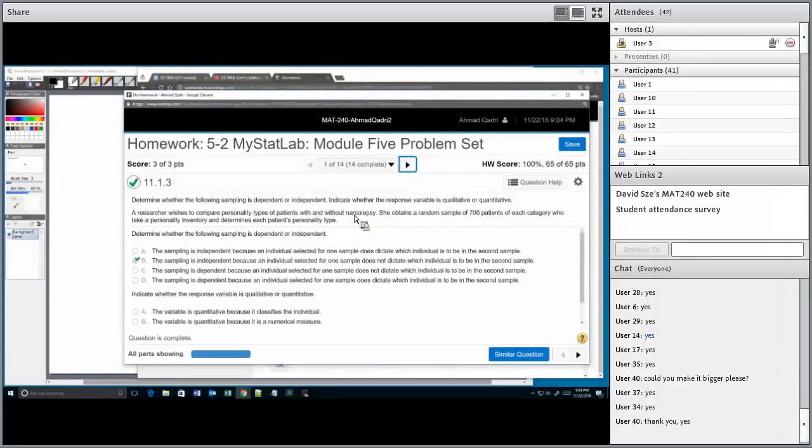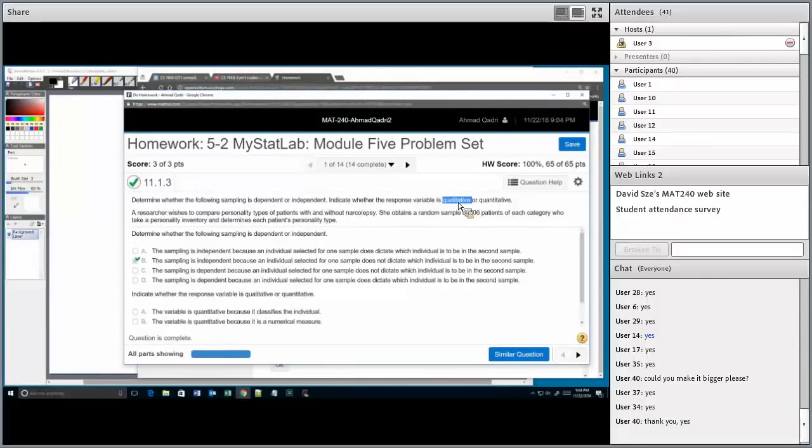So there are four things here that are important: dependent sampling, independent sampling, qualitative variable, and quantitative variable. I think this is easier to explain first. A qualitative variable is simply a variable that classifies an individual.